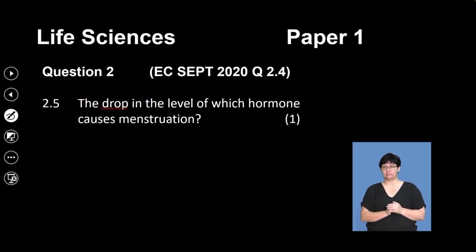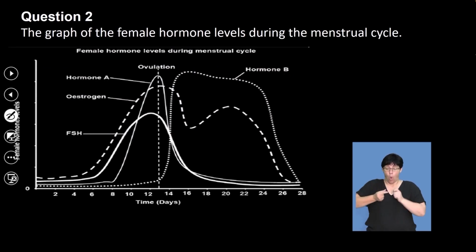The drop in the level of which hormone, okay, so we've got to identify the hormone, causes menstruation. And I'll take it back to the graph because that often can help. And so guys, remember that menstruation takes place, if I were to illustrate that over this graph, from day 1 around to day 6.